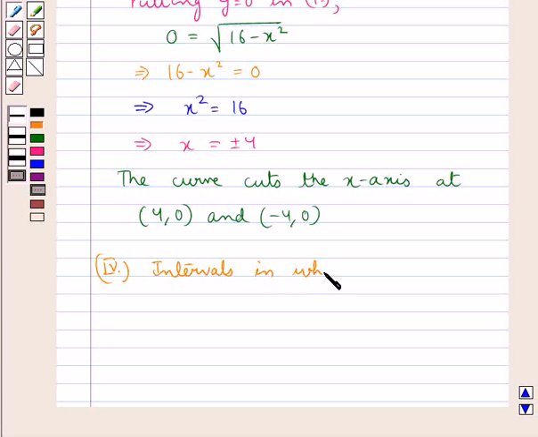Now next, we find the intervals in which the curve is increasing or decreasing.